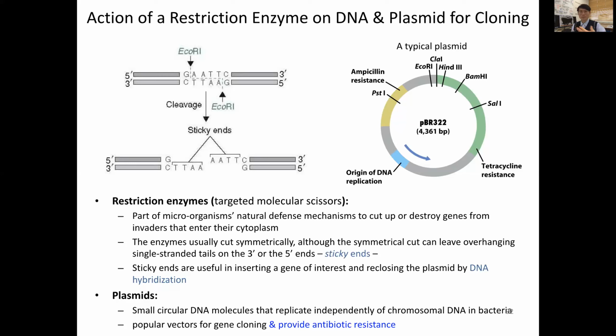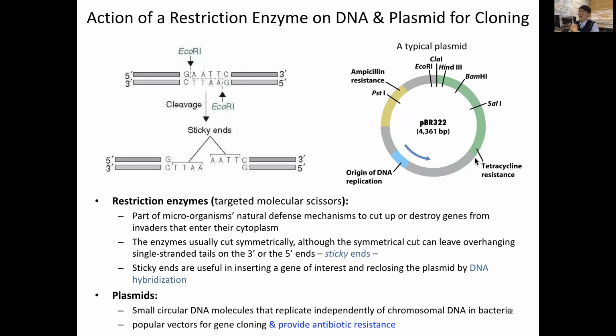This is called hybridization, complementary hydrogen bonding. So let's summarize. This plasmid is a small circular DNA molecule that can replicate independently of chromosomal DNA in bacteria. It is a popular vector for gene cloning, and it provides antibiotic resistance.